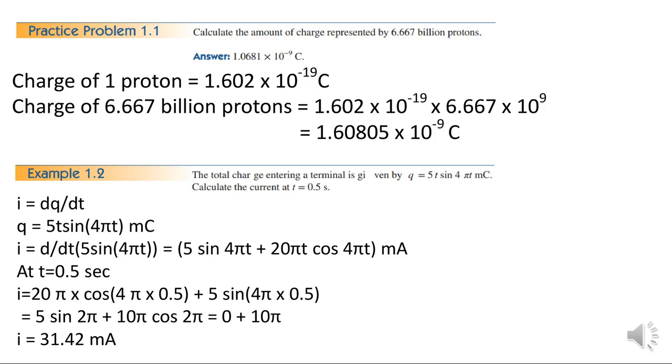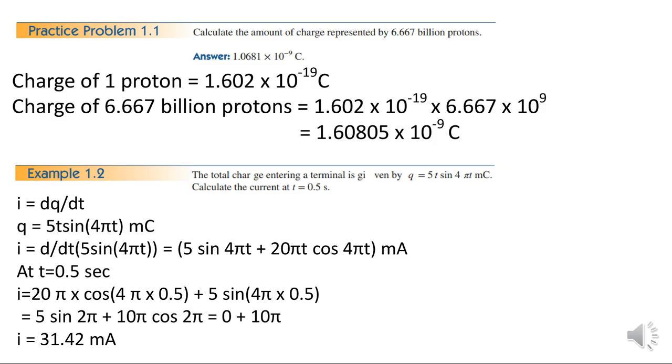So using the UV formula, d(uv) = u v' + v u', keeping 5t as constant, let's differentiate sin 4πt.